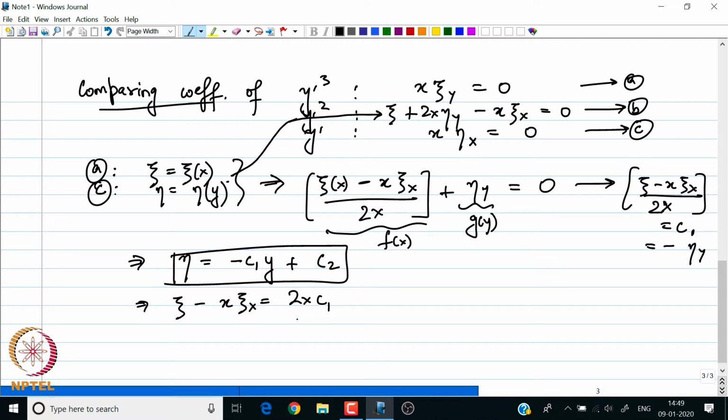So, continuing, all I have to do is solve for xi. Let me write down the solution. We just integrate once, and the solution that I get from here is xi of x is negative 2 C1 x log x plus C3 x.